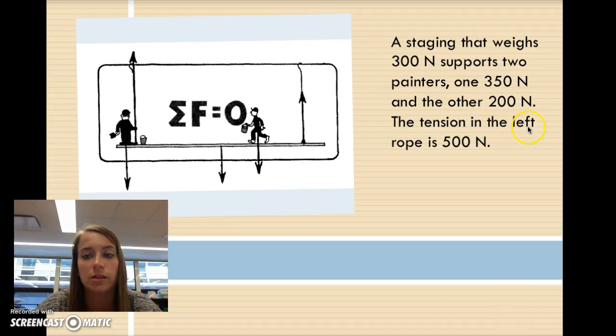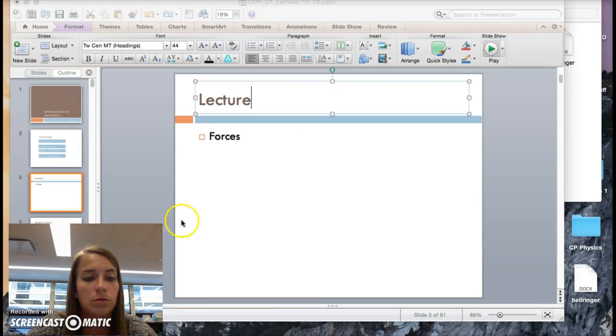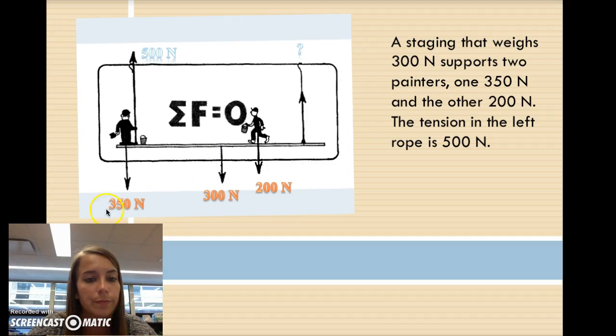The tension in the left rope, this tension force, because tension is any pull, that would be a force, is 500 newtons. If I label all of those, I've got the weight of the staging, which acts in the middle, the 350 newton guy here, the 200 newton guy here, a tension here. The question's going to be, what's the tension in this string over here?